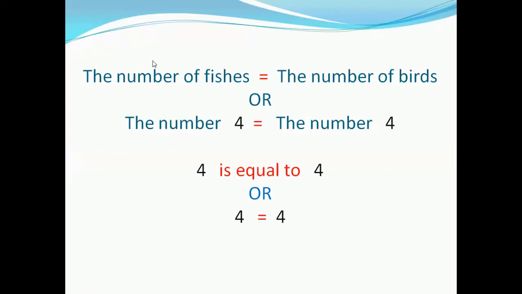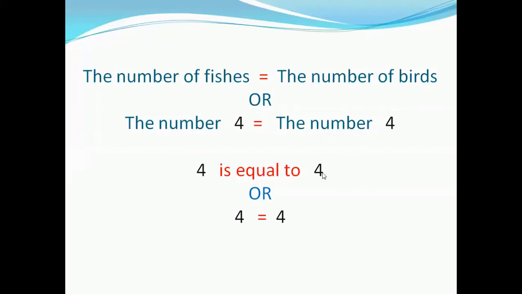As you count in the previous picture, the number of fishes is equal to the number of birds. The 4 represents the number of fishes, and the other 4 represents the number of birds.